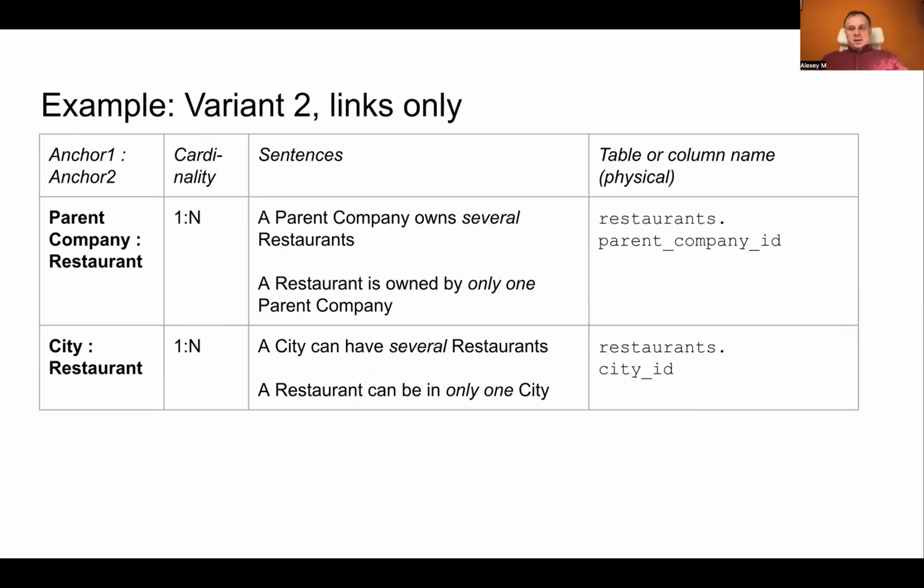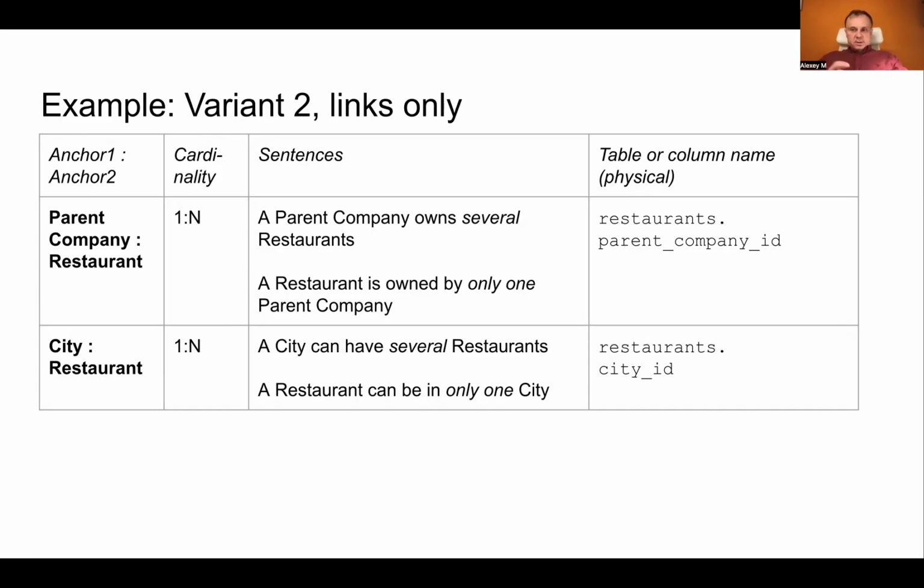Let's take the second variant, which is a bit more complicated than the first one. And this is only one of the tables, graphical document tables, spreadsheets that you need to fill in as you work on structuring your business requirements.